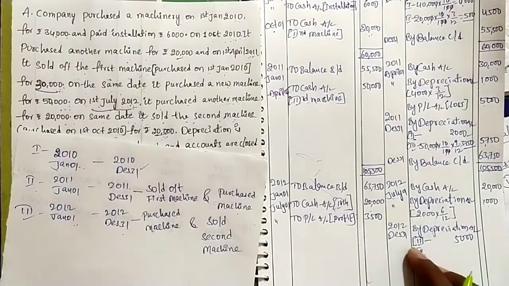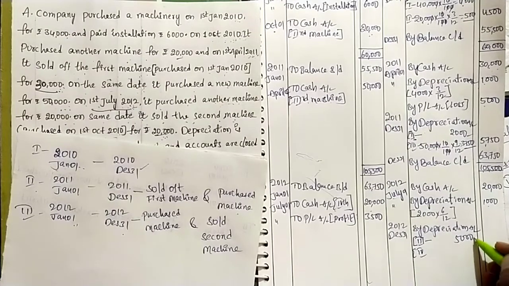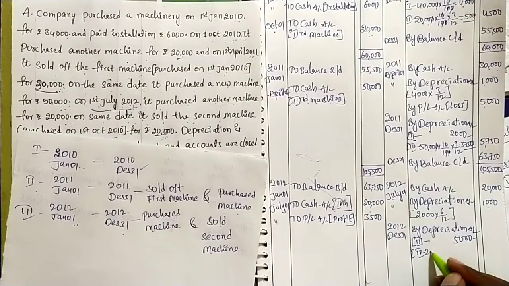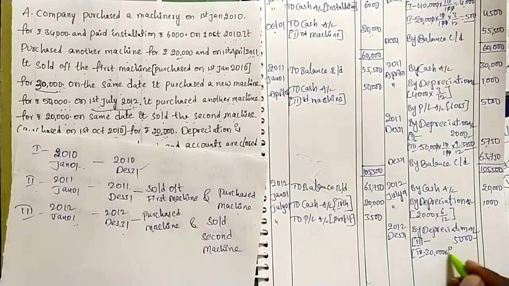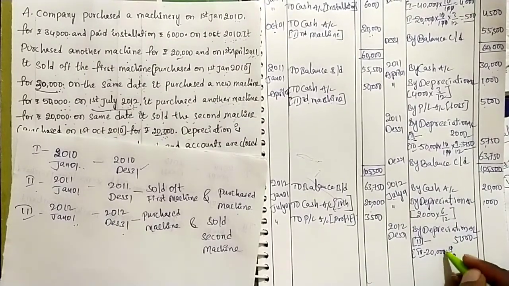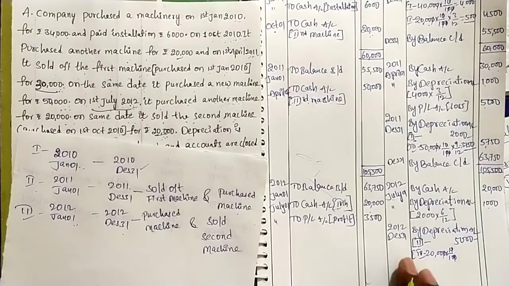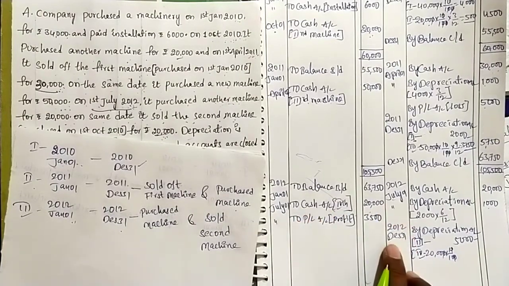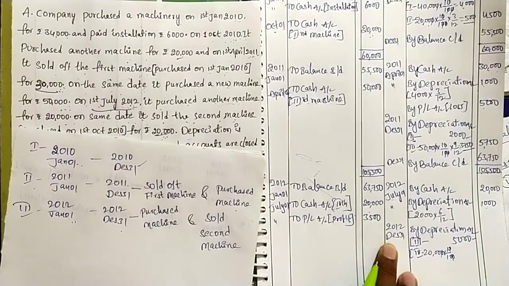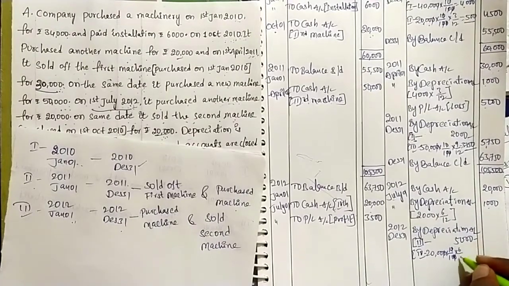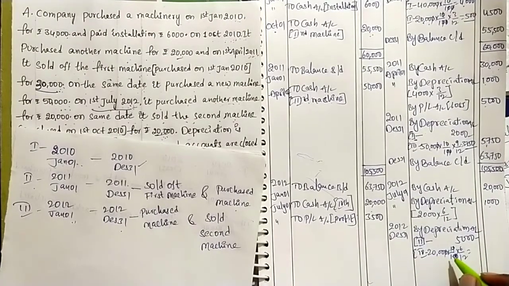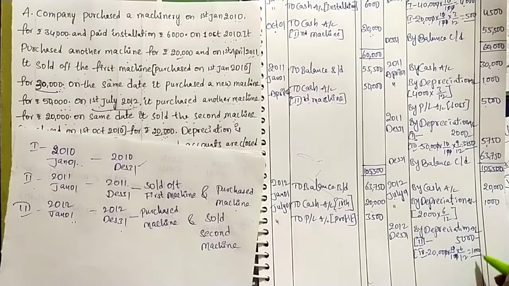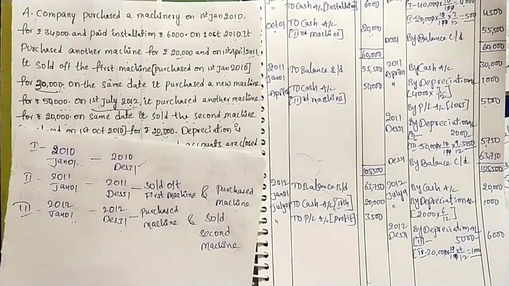For the third machine we have to provide depreciation, 5,000 rupees. Next, the fourth machine value is 20,000 into 10 by 100. Zero cancel, next zero cancel. 2,000 rupees depreciation. But it was purchased on July 1st, so to December 31st is 6 months. So we take depreciation also for 6 months, 6 by 12. 2,000 rupees for the year, but for half year 1,000 rupees. 5,000 plus 1,000, 6,000 rupees depreciation.